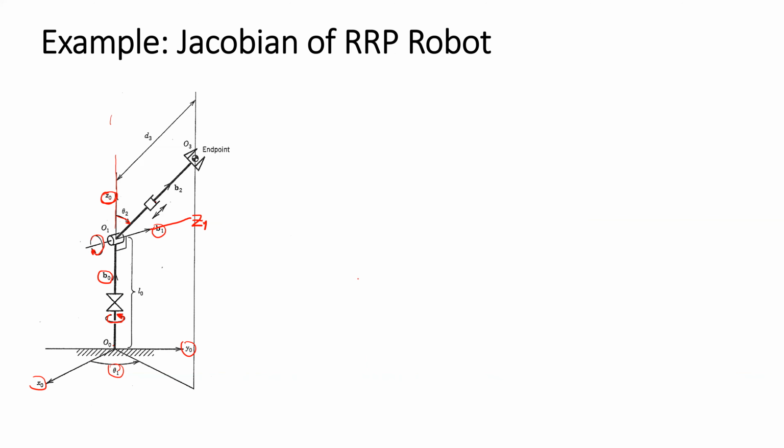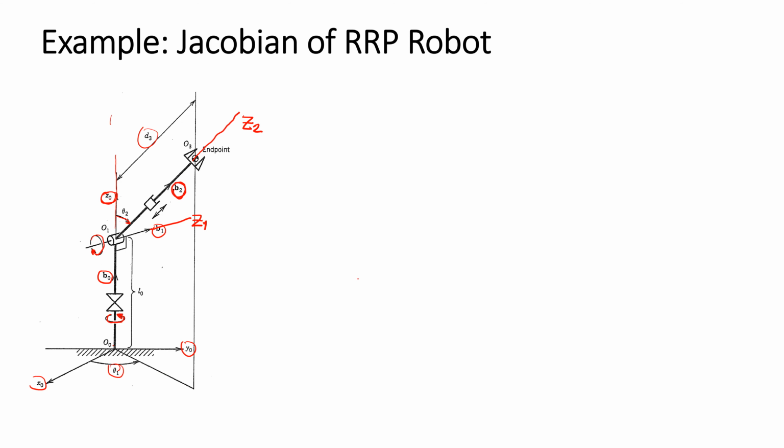The last joint is the prismatic joint. The prismatic joint can control the offset d3, and the direction of the prismatic joint is the direction of z-axis 2, and the unit vector that indicates the direction of z2 is unit vector b2.